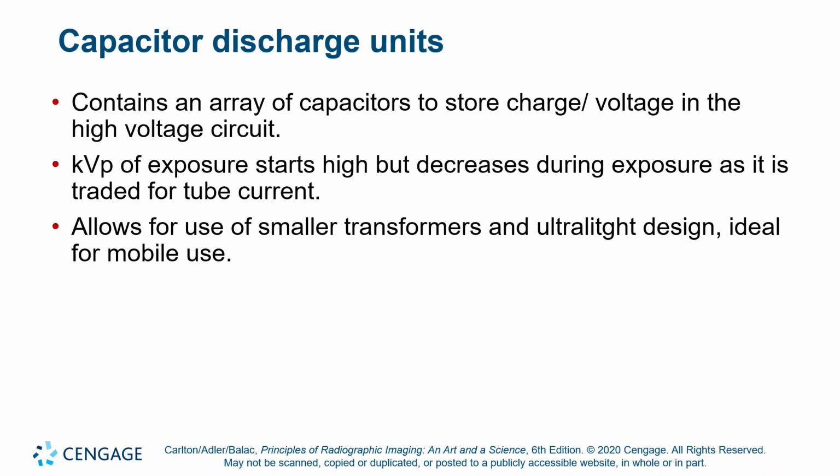You can just store up charge, which would be the equivalent of kilovoltage once it's released. And so that makes for less generator space. You can get away with a smaller generator, a smaller step-up transformer. You will need to step up the transformer some, but not a lot.